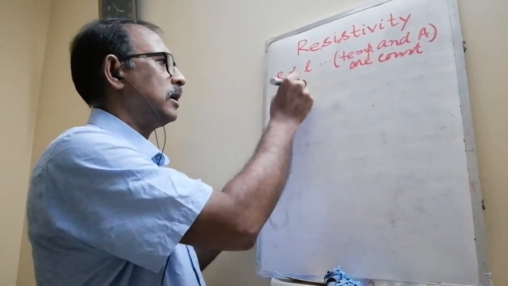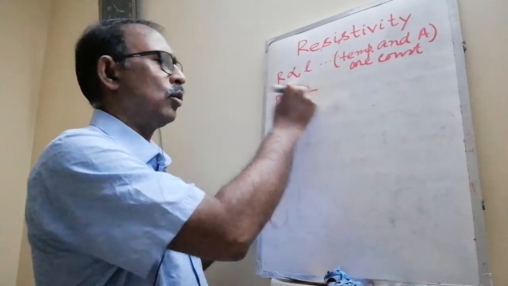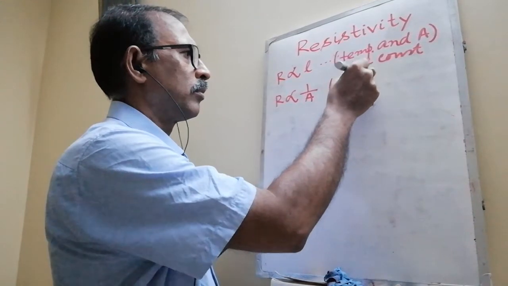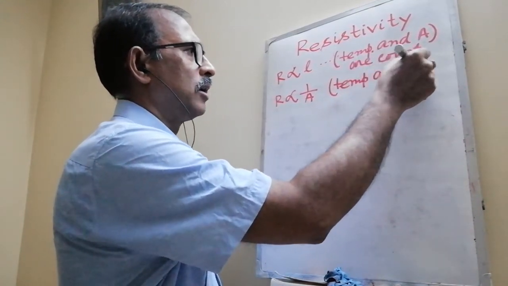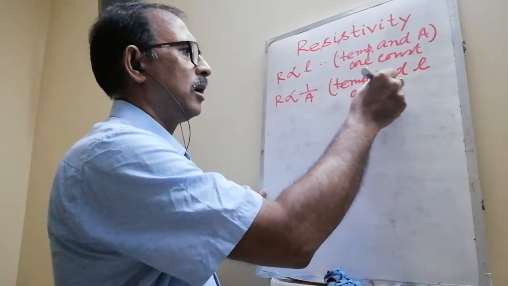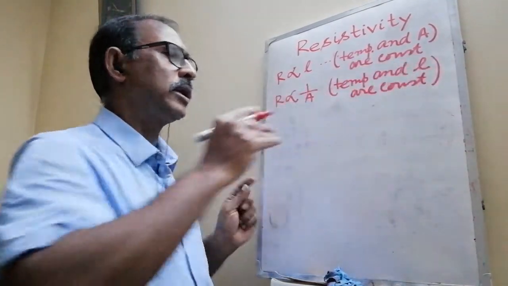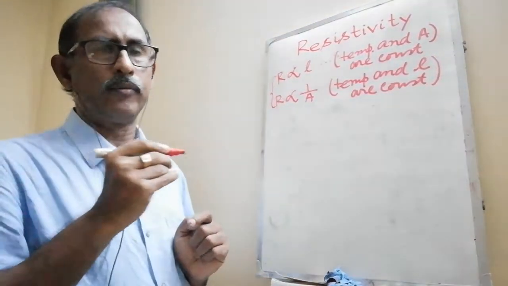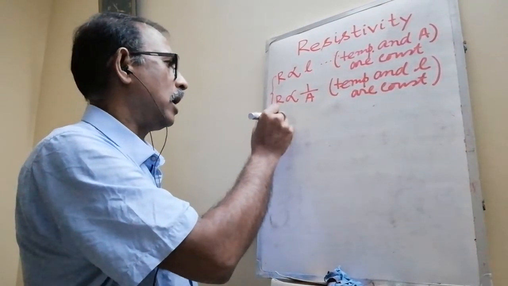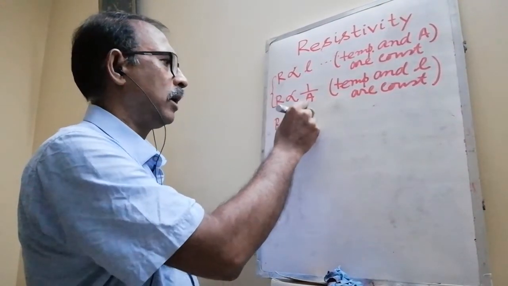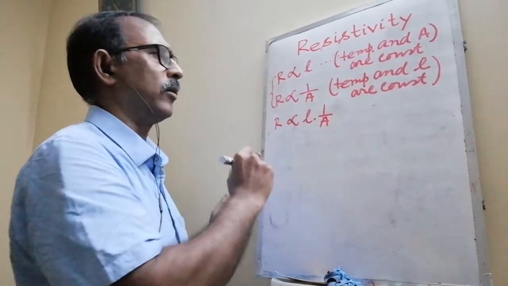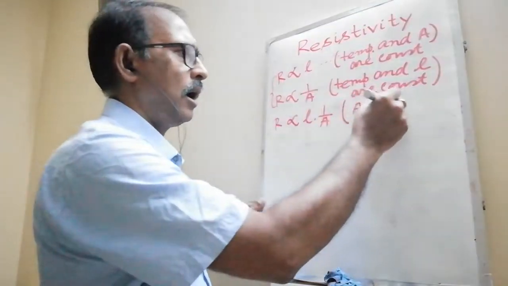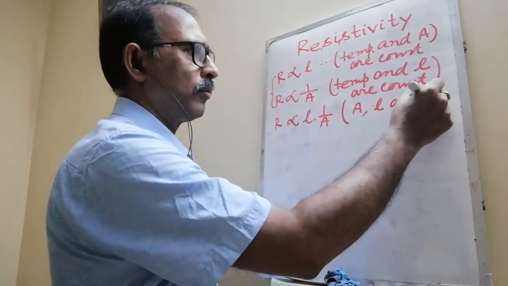R is inversely proportional to cross section, where temperature and length are constant for a particular conductor. Applying the joint variation rule here, you get R is directly proportional to L into 1 by A.